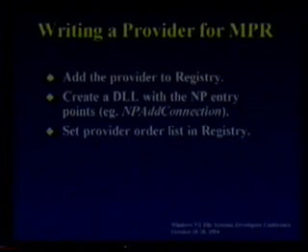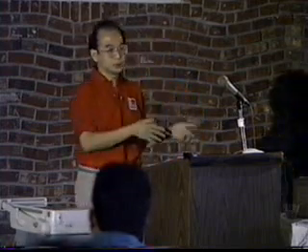For all the APIs that we looked at before, which are the WinNet APIs, you basically start with WNet. The network provider has an NP equivalent, which is the provider equivalent. MPR just calls through to the provider ones. And finally, you set a provider order in the registry. We'll talk about this in the next slide.